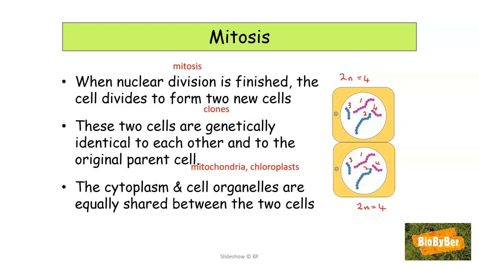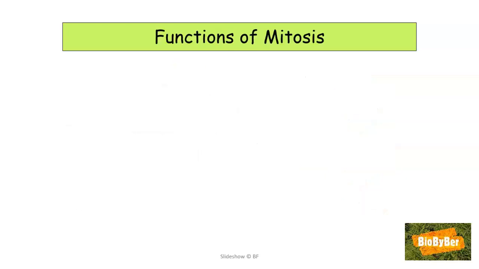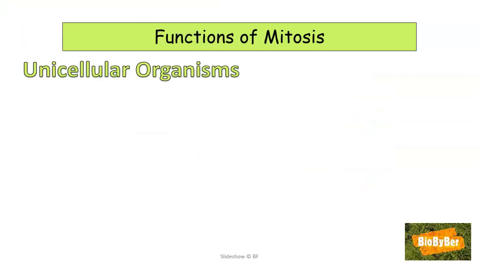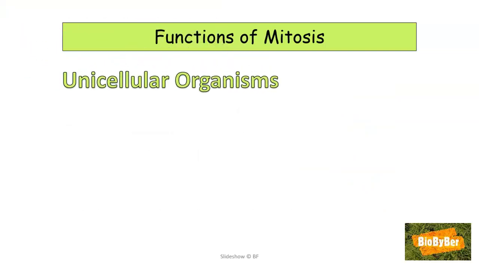Now that we have revised some basics of mitosis, let's return to the function of mitosis. The first function of mitosis is seen in unicellular organisms. Unicellular organisms are single-celled organisms.